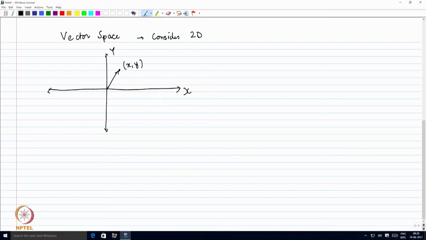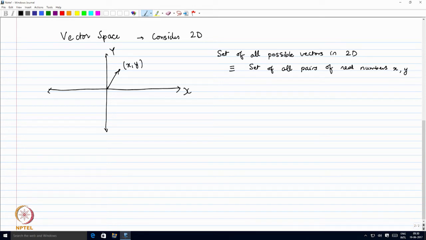Now suppose you take the set of all vectors, all possible vectors in 2D. This is basically equivalent to the set of all pairs of real numbers x and y.